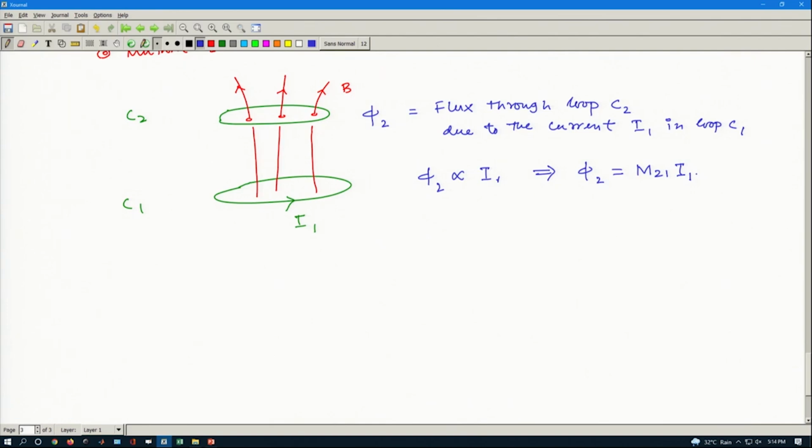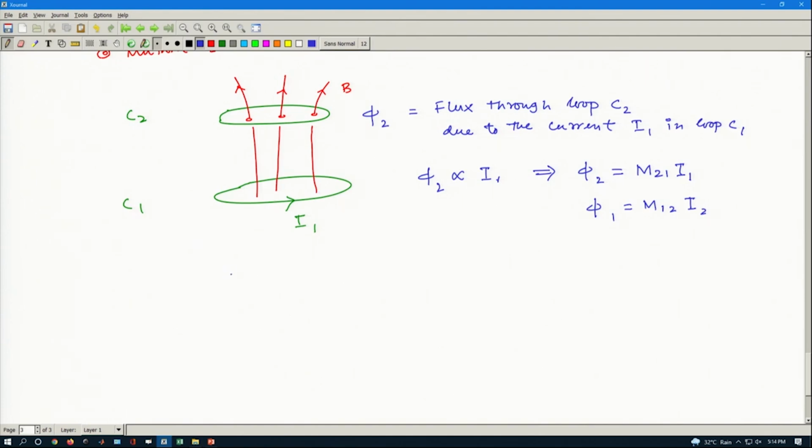Okay. Similarly, I can have phi 1 equal to M12 I2. Suppose the current is flowing in C2, and because of that some flux will be there in C1, and that flux, phi 1, should be proportional to I2, and the proportionality constant should be M12 in this case.